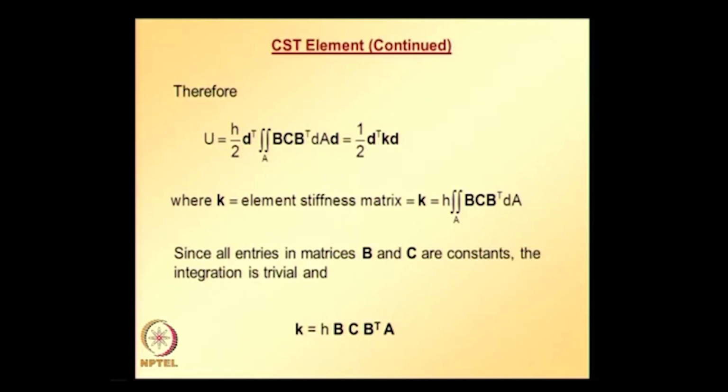If not, we need to carry out integration to get the element stiffness matrix. For that we can adopt numerical integration techniques for triangular elements, which we have seen earlier.